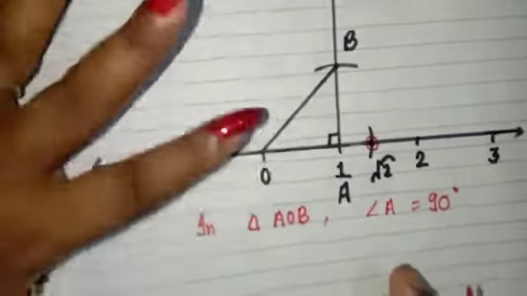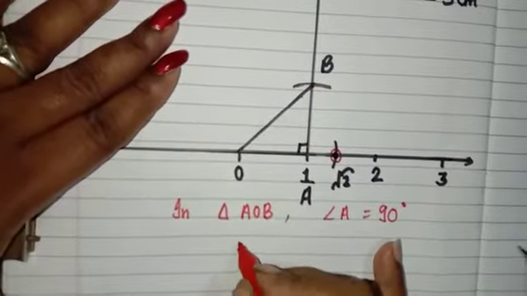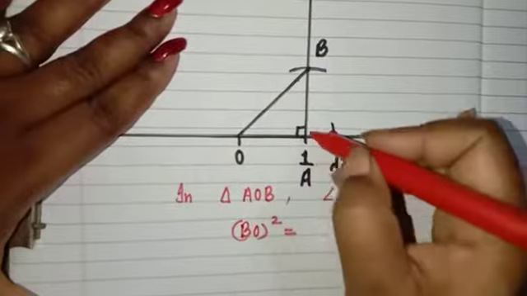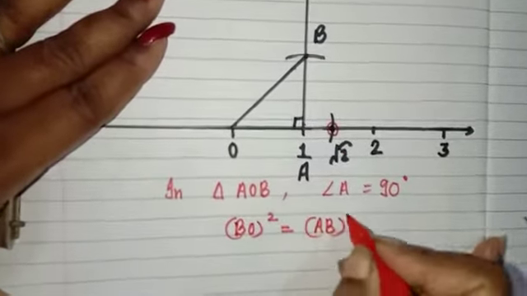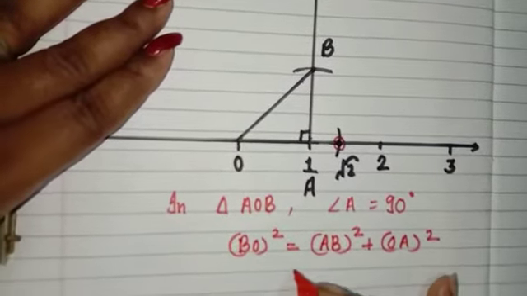Now Pythagoras is new for you. Here the longest side is OB. So I write BO square is equal to AB square plus OA square.